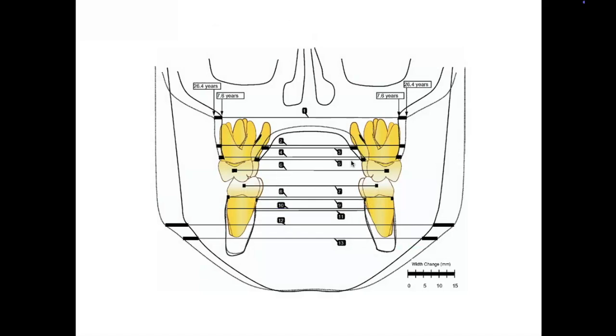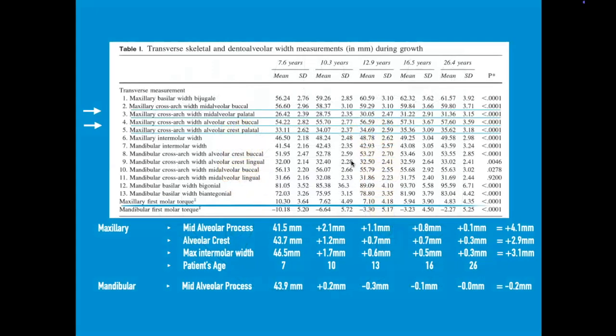So when we look at growth, we know that from the ages of 7 to 26, we're going to get about 4 millimeters of increased maxillary width with growth, right? We can break that down further, and we can see exactly when that growth happens. Between 7 and 10, we're going to get 2 millimeters.